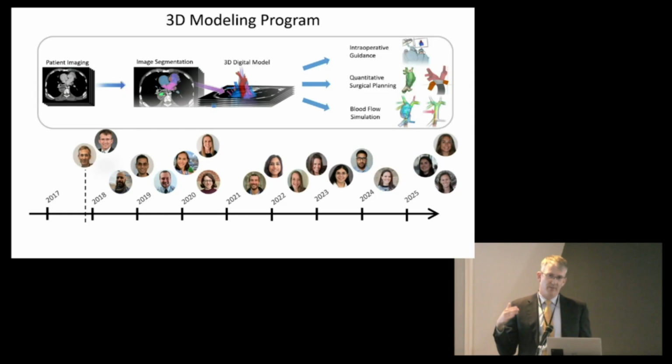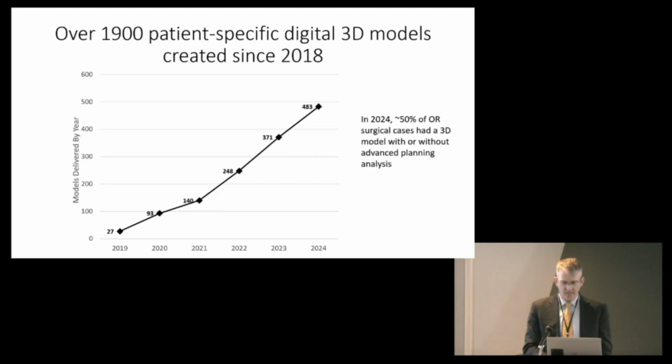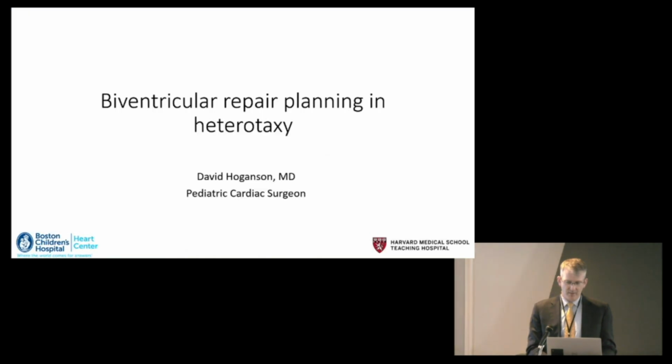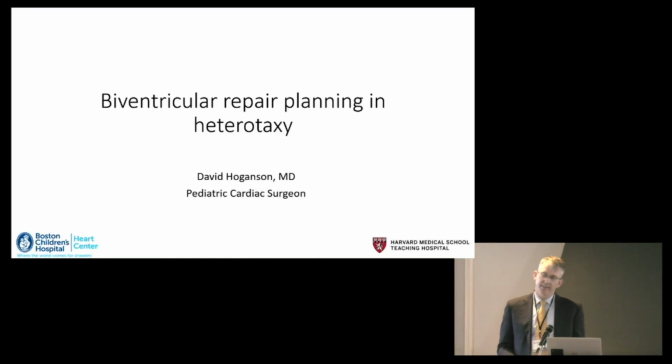So it's really enabled us to tackle these super complex cases and get really consistent results. And here's just a graph of how the 3D modeling program has grown over time. So it's really been a joy to apply these to these complex heterotaxy patients and really try to achieve a very predictable outcome.